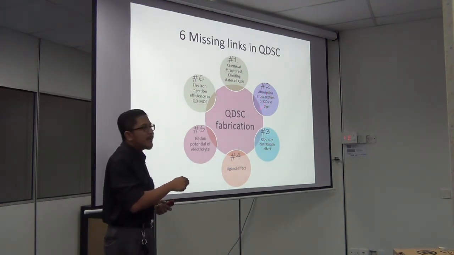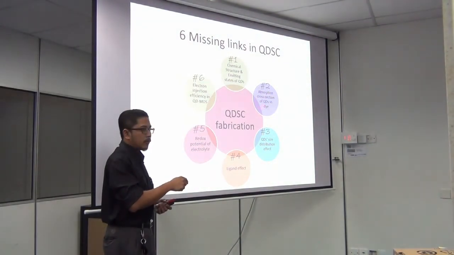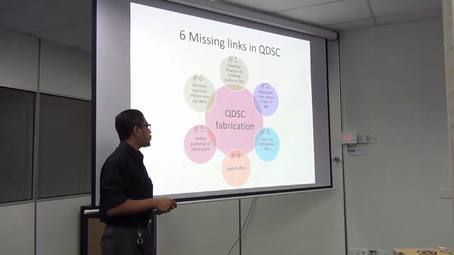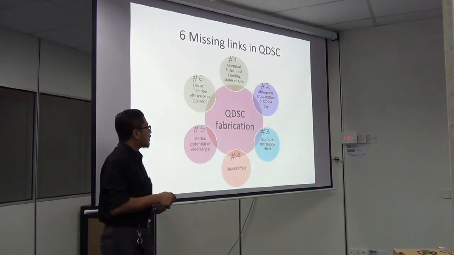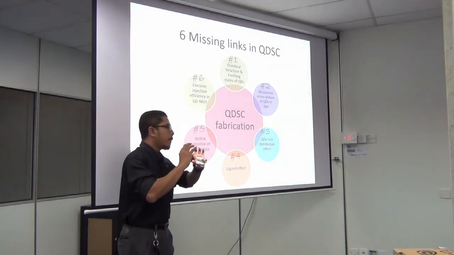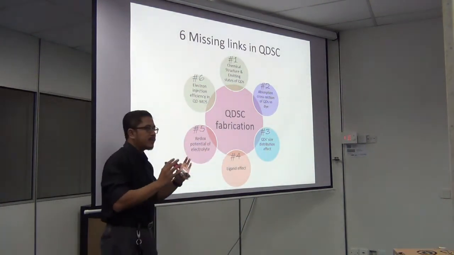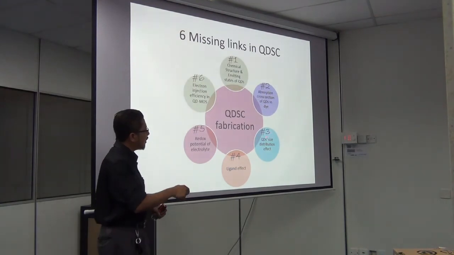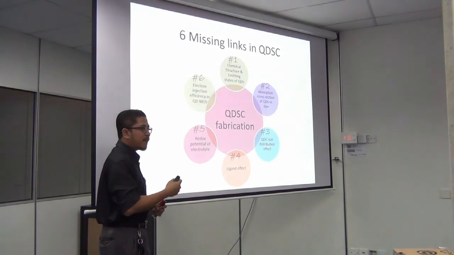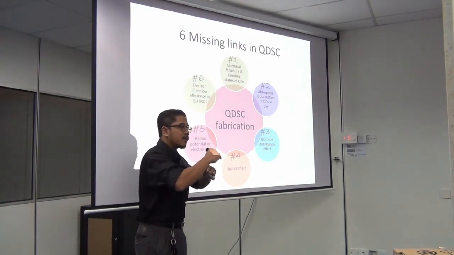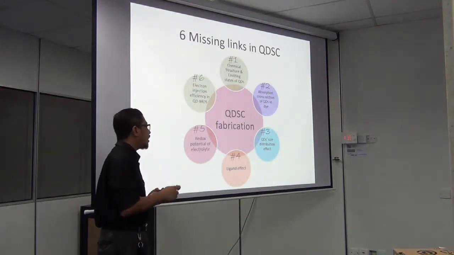This is actually the UV-Vis spectra. Number 3, quantum dot size distribution effect. As I mentioned before, we could synthesize so many sizes of quantum dot, but which one is the best? We'll explain in part 3. Number 4, the ligand effect. Different ligands also have different energy levels, and they have an effect on electron injection.